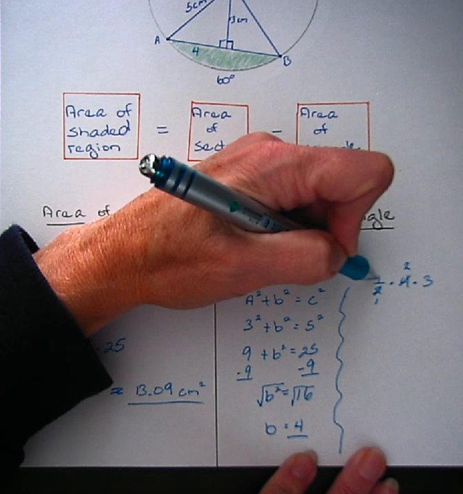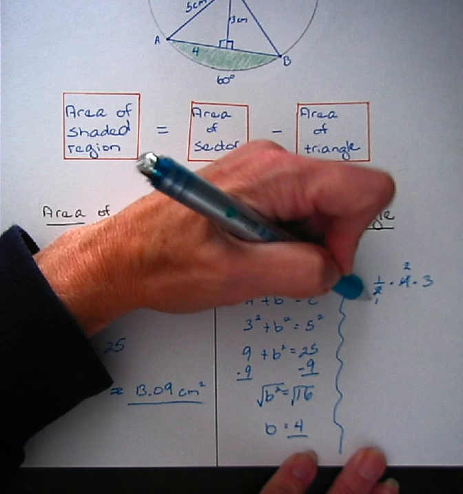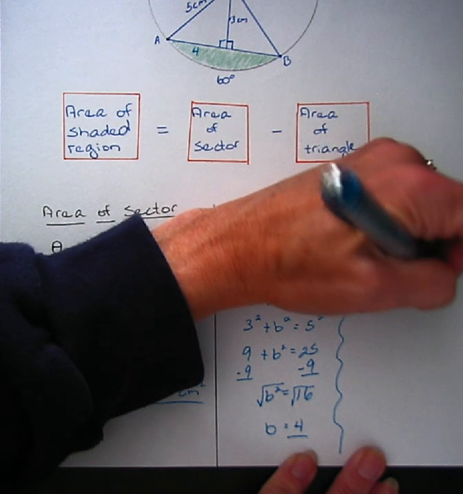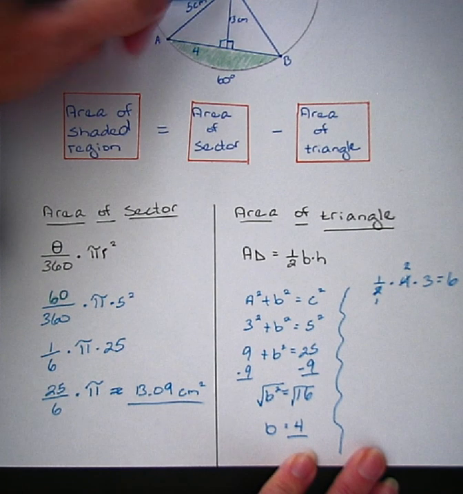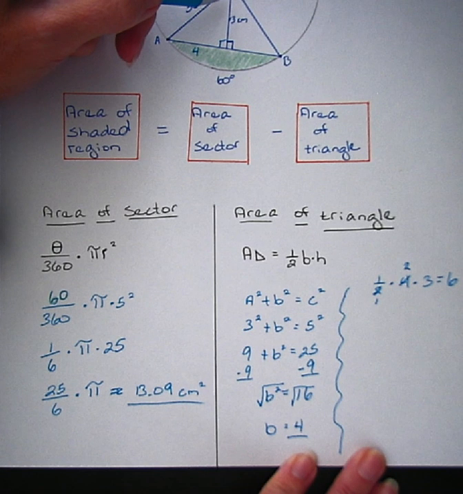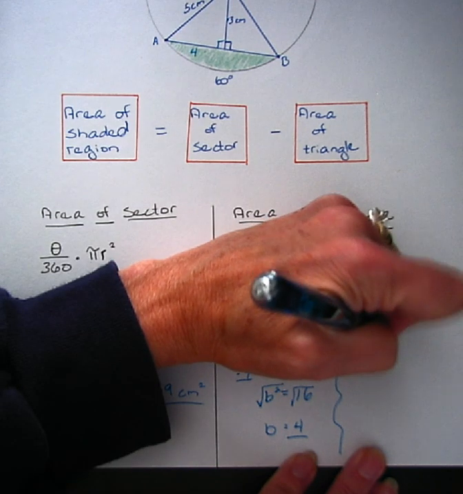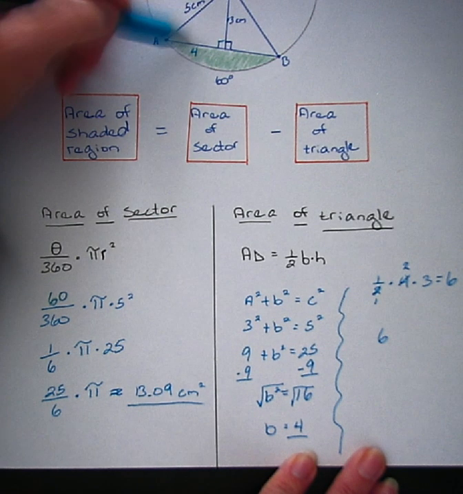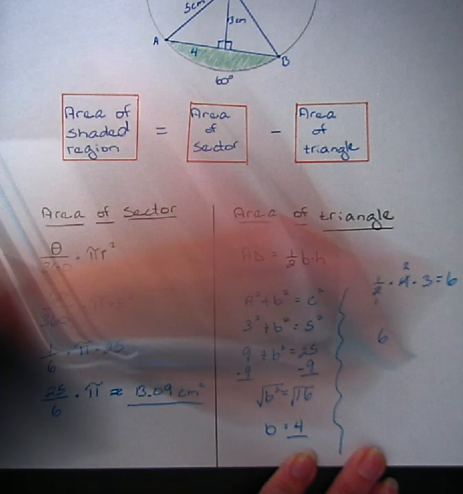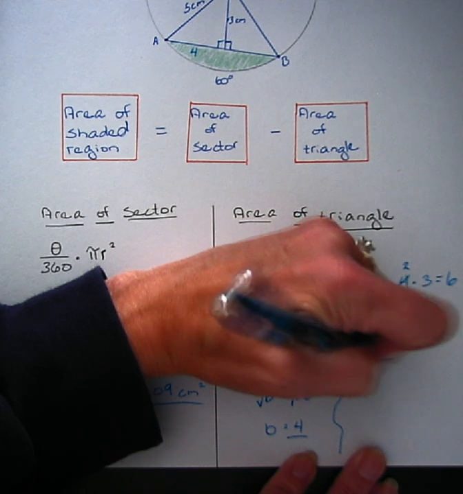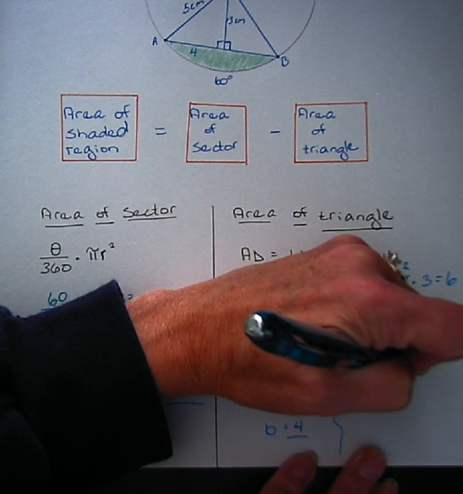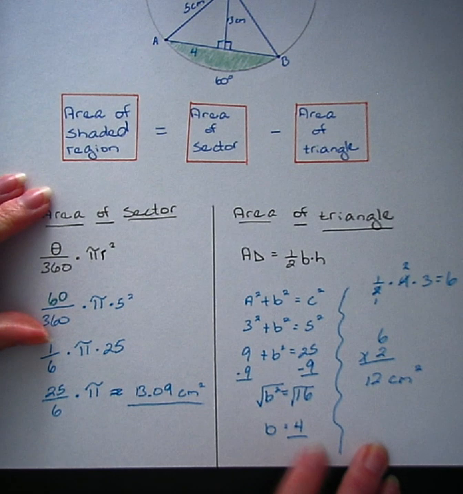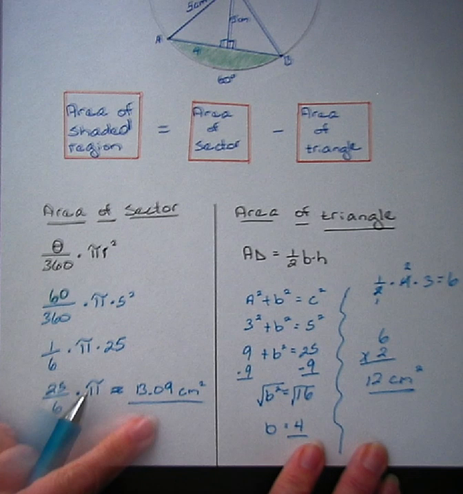So on top I have 1 times 2 times 3, and on bottom I just have a 1, and that equals 6. So the area of half of my large triangle is 6 centimeters squared. To get the area of the entire thing, which would be twice as big, I have to say 6 times 2, or 12 centimeters squared. So that's the area of my one triangle.